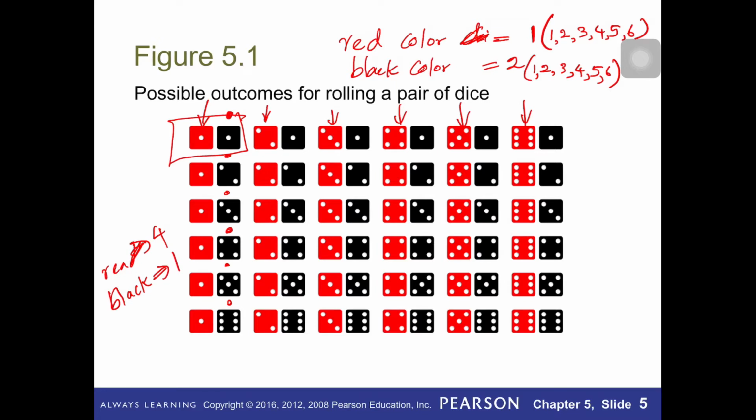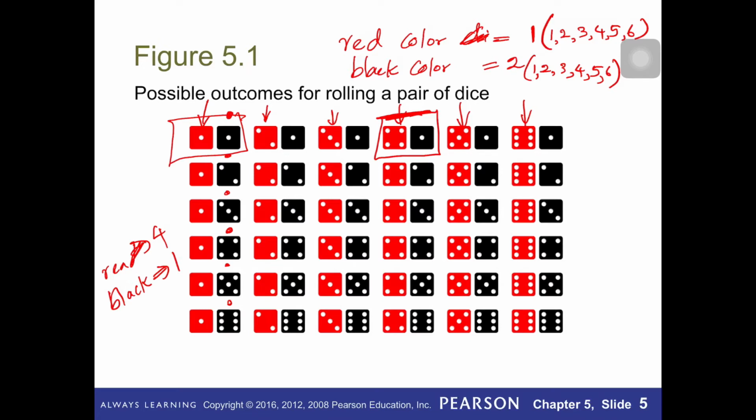Red appears 4, black appears 1. So where is 4, 1? Red 4 is in this line, black 1 is this one. So that's the outcome.